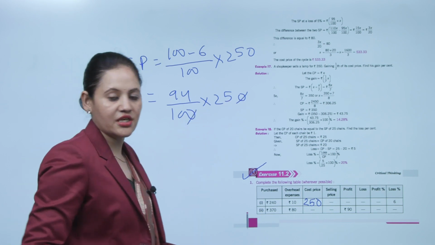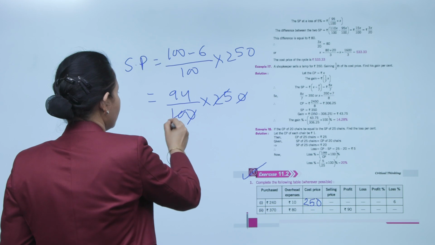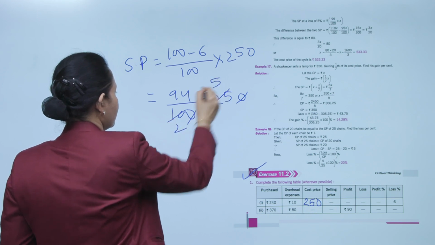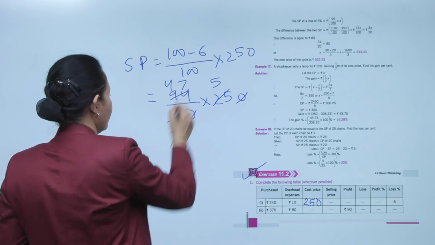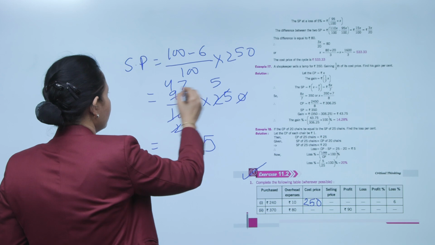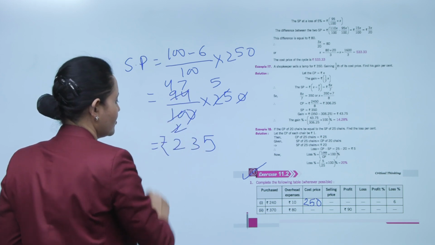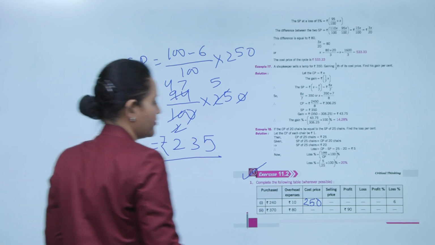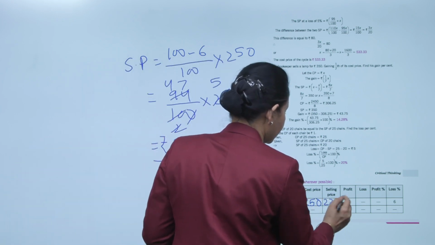Zero cancels with zero. 2 4s are 8. That is 235 rupees, the selling price.